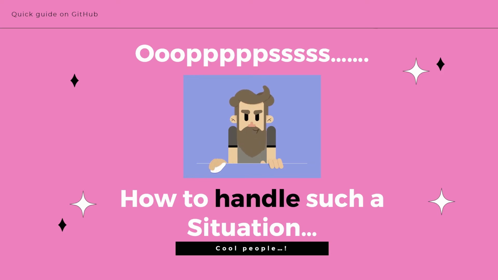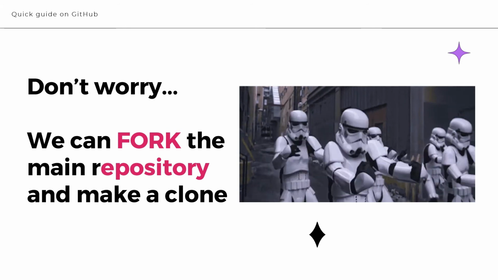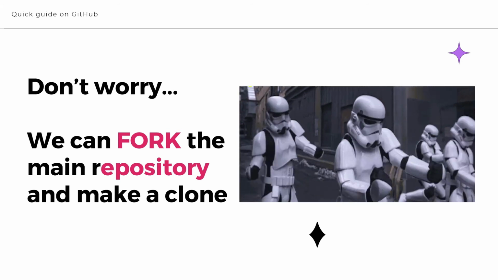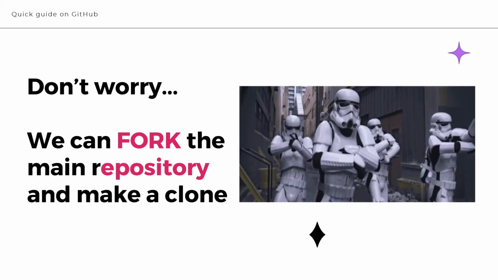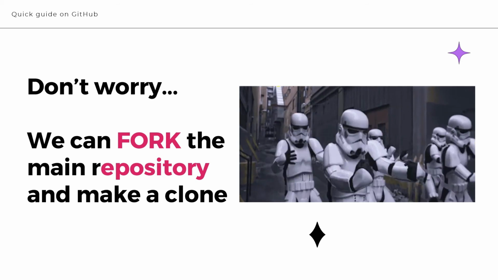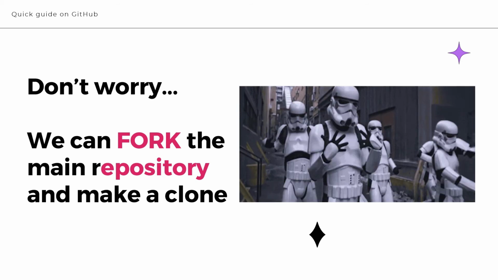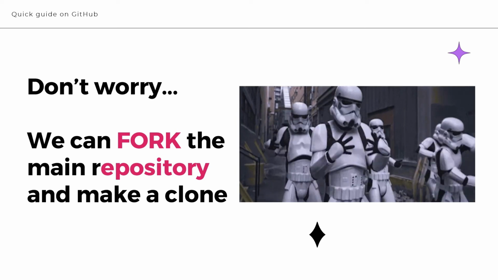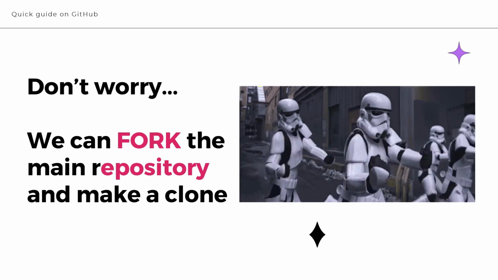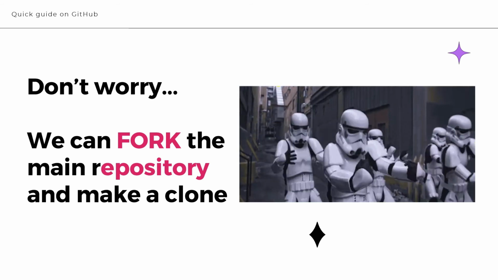Cool people, GitHub has an exciting solution for you all, because GitHub allows you to fork the existing repository into your account and create a copy, which we simply call a cloned repository. This allows you to make any changes and play as you wish without disturbing the main code.